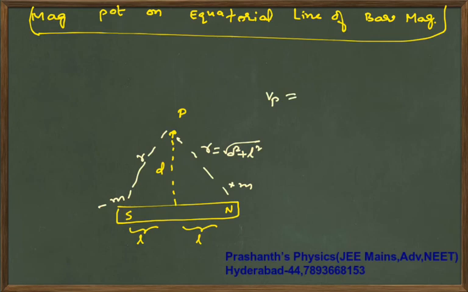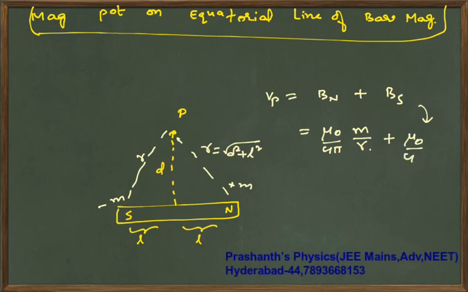So your potential is because of north pole plus because of south pole. Because of north pole it is mu naught by 4 pi into m by r, plus because of south pole it is mu naught by 4 pi into minus m by r, plus and minus will cancel off, your answer is going to become 0. So in the broadside on position your value of potential is 0.